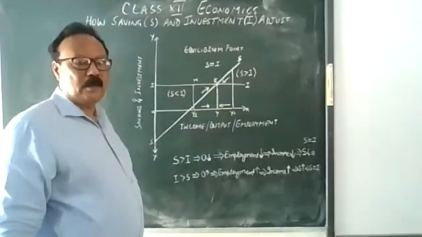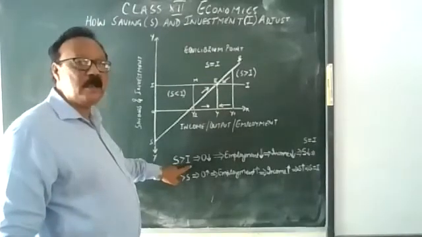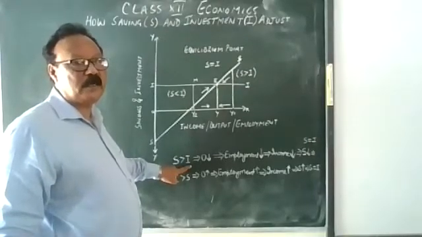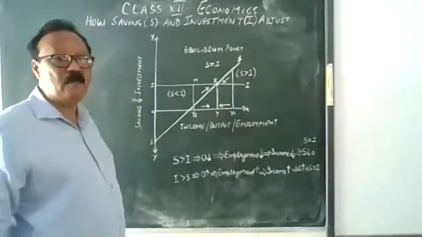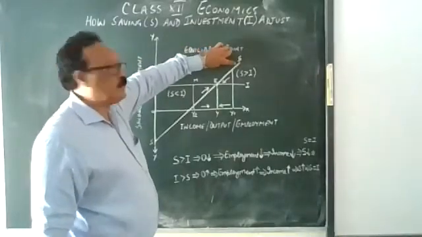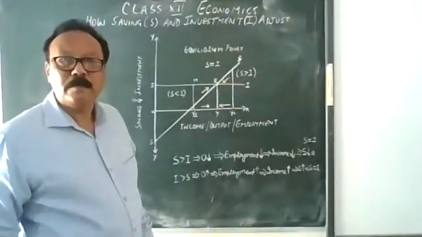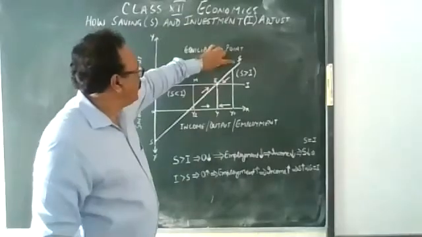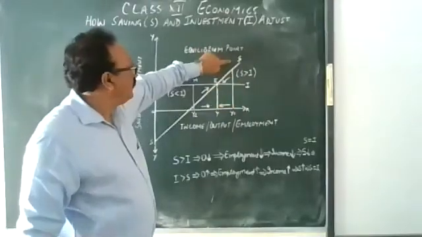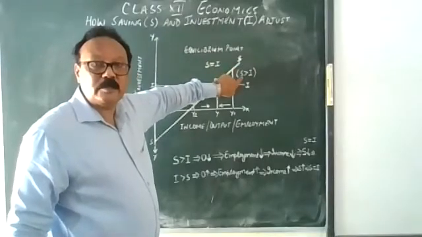Now what happens in the first case, when savings is greater than investment? Now look at the diagram very carefully, children. The saving curve is above the investment curve. Yes or no? After the point of equilibrium, the saving curve is above the investment curve. What does this show? This shows that savings is greater than investment.